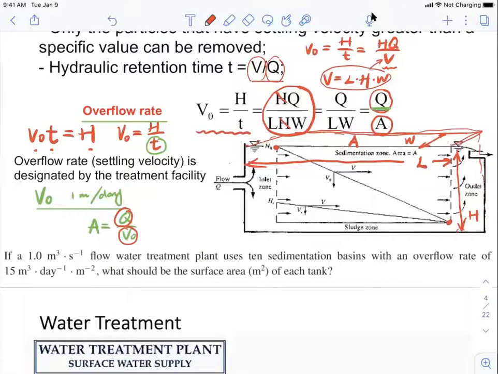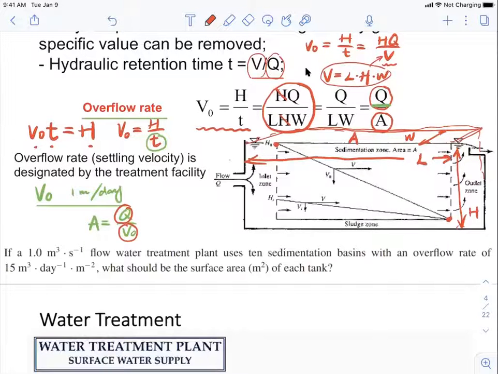All right. Okay, so let's look at this problem together.